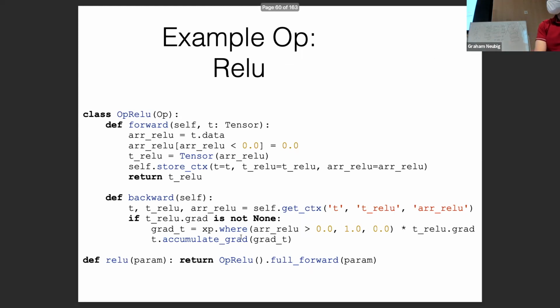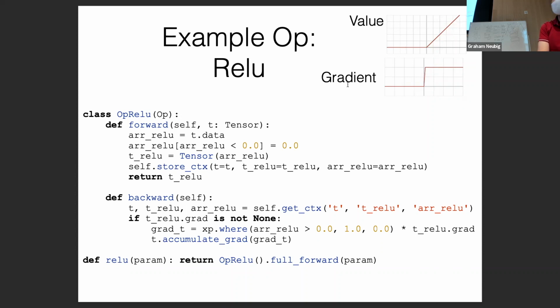As an example operation, I'm going to talk about a ReLU, a rectified linear unit. The rectified linear unit is an operation that takes in a tensor, and for every value in that tensor, it will return the value itself if it's greater than 0, and it will return 0 if the value is less than 0. The gradient basically is 1 if things are more than 0 and 0 if things are less than 0.